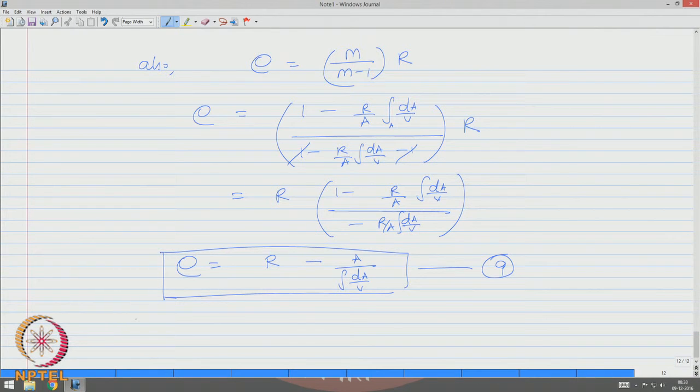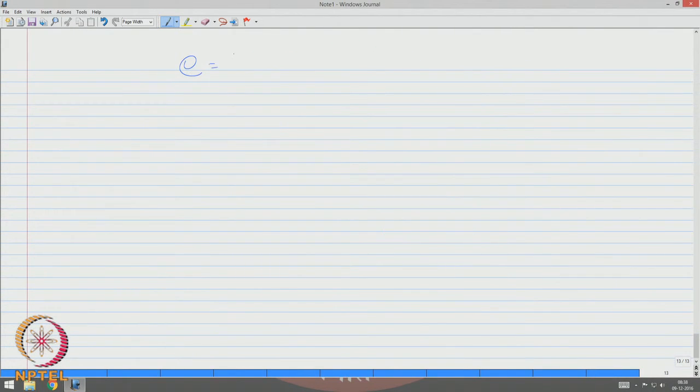We know E is R minus A by the integral dA by V. We already know that the integral dA by V for the circular section is actually 2 pi R minus root of R square minus r square.